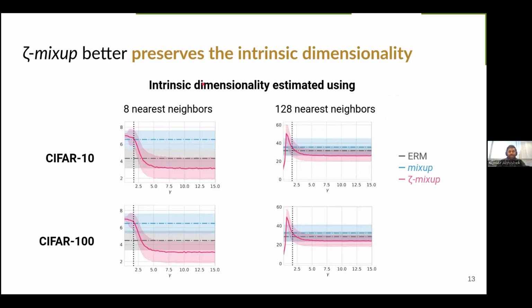Finally, zeta-mixup better preserves the intrinsic dimensionality of the datasets, as evaluated on the CIFAR-10 and CIFAR-100 datasets using 8 and 128 nearest neighbors. The pink line denoting the intrinsic dimensionality obtained using zeta-mixup is lower compared to empirical risk minimization, the black line, and mixup, the blue line.